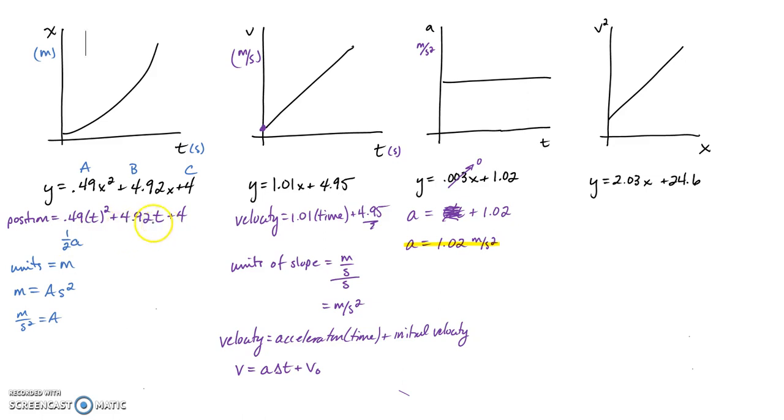All right. So now let's look at this B value here. What's the B value? Well, if I look at it for the B value, meters equals the B value times the units of time, which are seconds. So that's that. So meters per second is my B value.